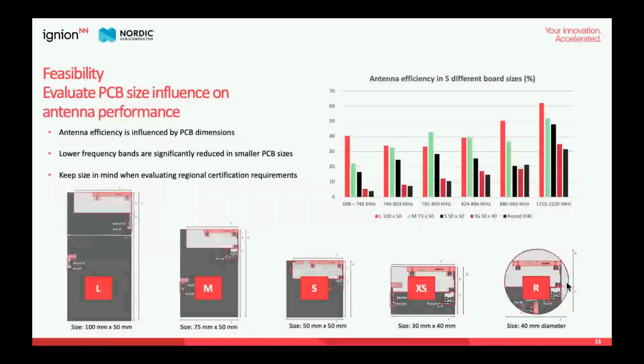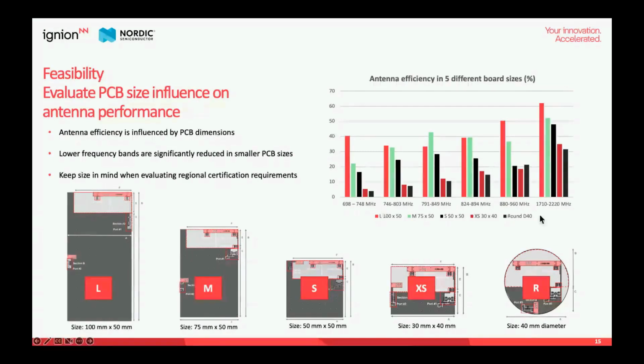Next, please, Johan. So in here we have analyzed several PCB sizes: large, medium, short, extra short, and extra short with a round shape. And as you can see in the graph, this impacts the total efficiency of the device.